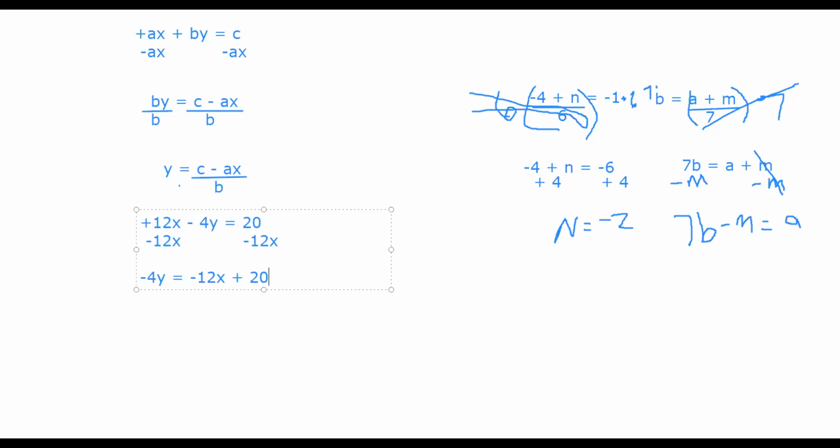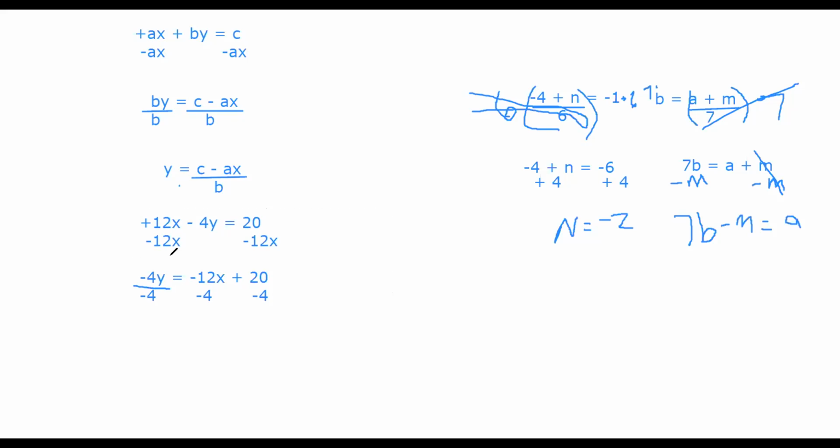Now, one more step and I'm there. You know what to do, Kalpana? To get y by itself now? Divide by negative 4. And here, because I have actual numbers, I can do all those divisions.